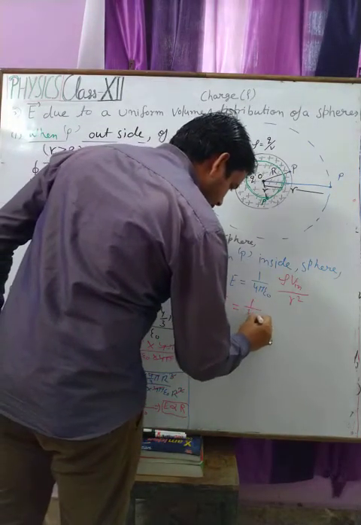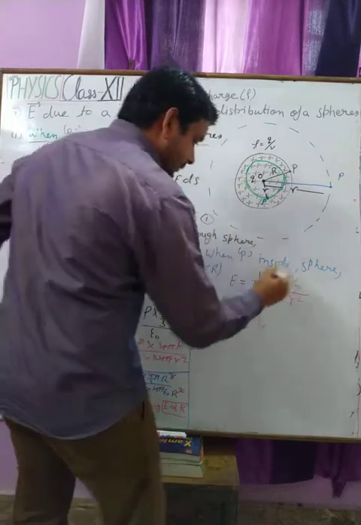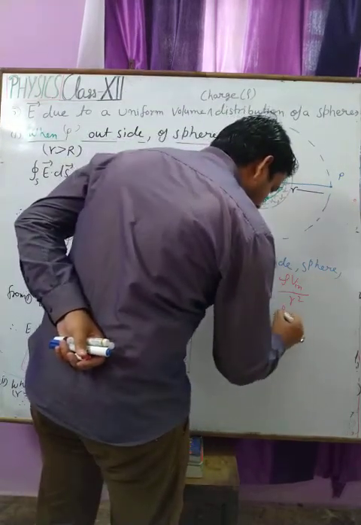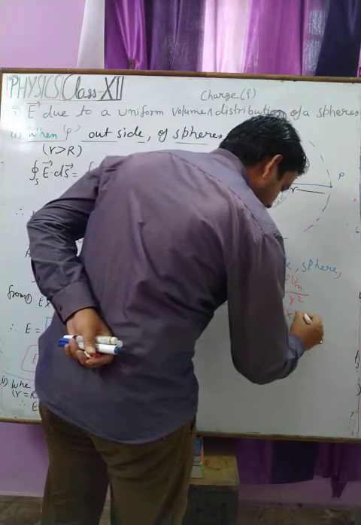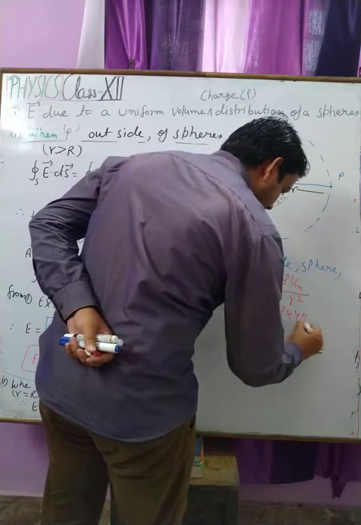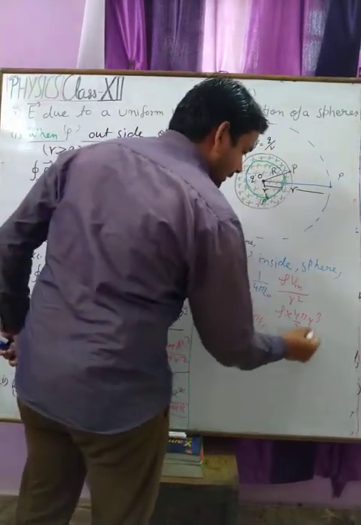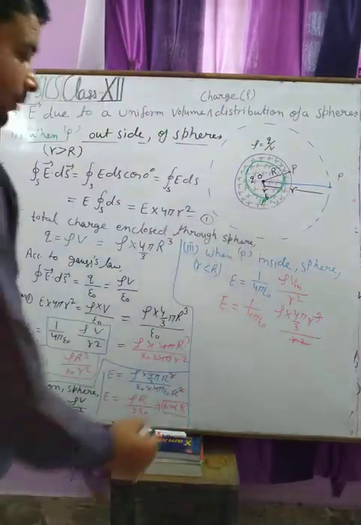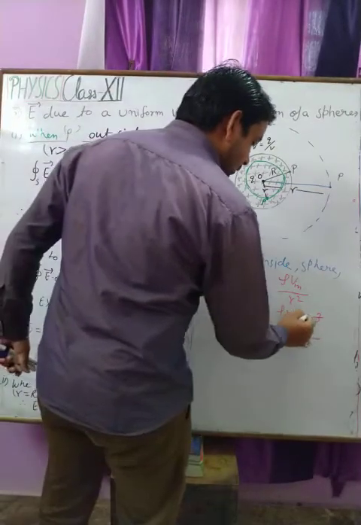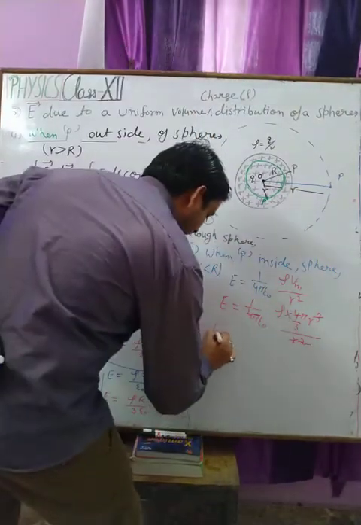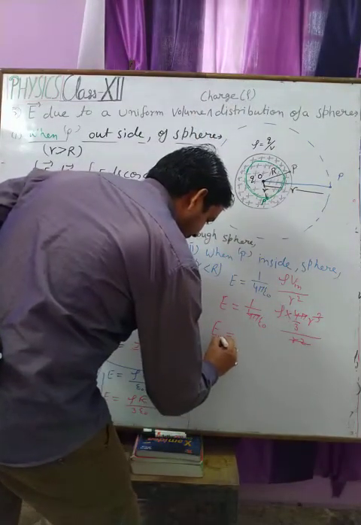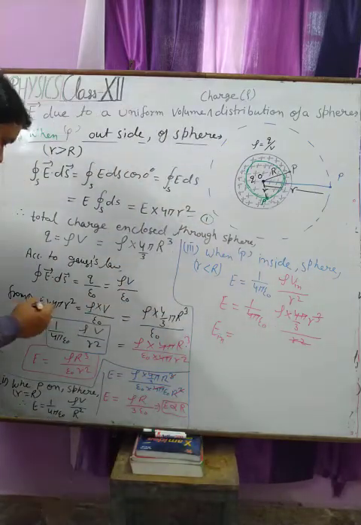that is 1 upon 4 pi epsilon naught. This value is equal to rho into 4 by 3 pi small r cube upon small r square. So you all know this is cancelled by this, and this 4 pi is also cancelled by this. So you are getting the electric field inside. ये inside हो गया.